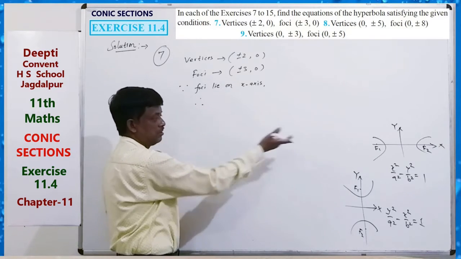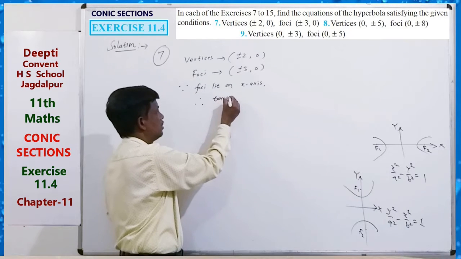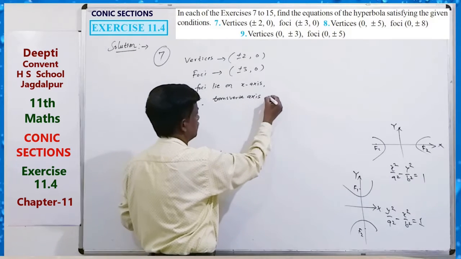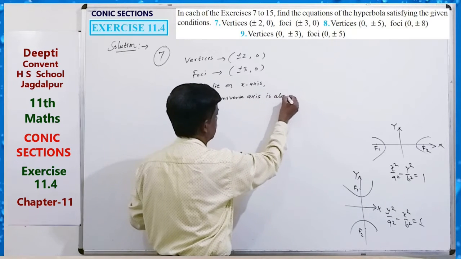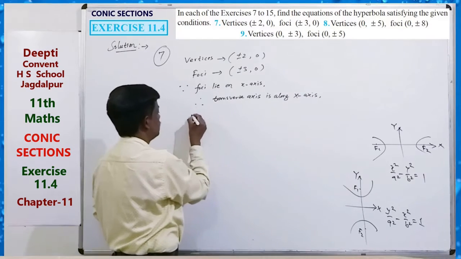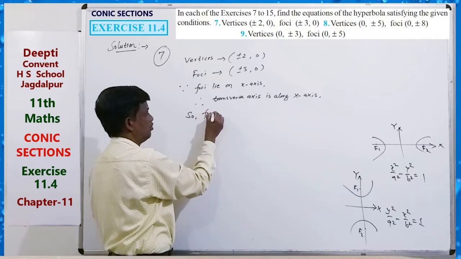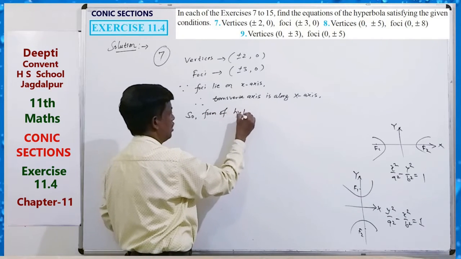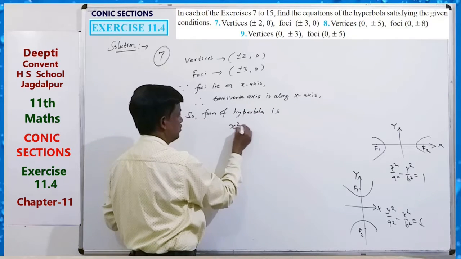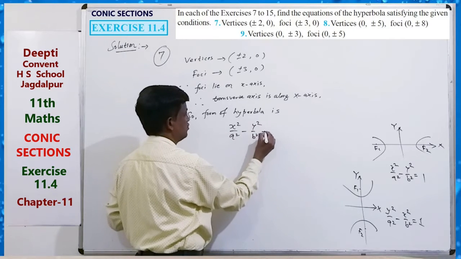Therefore the transverse axis is along the x-axis. So the form of the hyperbola is the first form, x square by a square minus y square by b square equals 1.